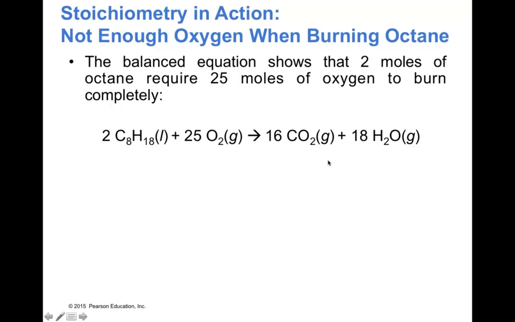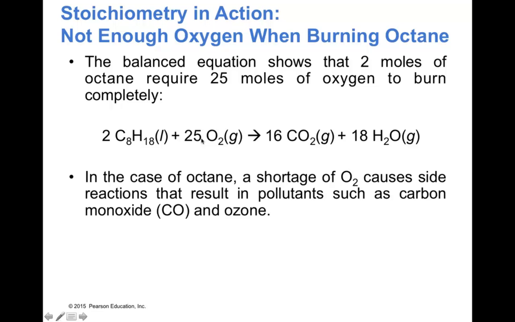So this is basically the reaction that is occurring when the engine of your car is working. It is doing a combustion of octane, so 2 moles of octane will need 25 moles of oxygen.